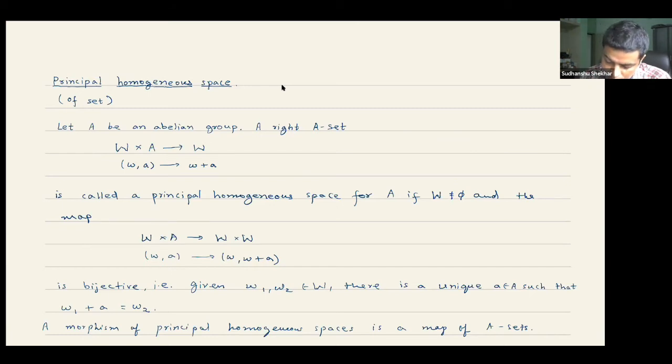We'll see later on, at least when looking at principal homogeneous spaces of elliptic curves, it's also useful to define it in this particular way. In fact, some of the propositions which I'm going to state will be much easier if we just define it that A acts on W freely and transitively. But anyway, let us have this particular definition. We follow this.